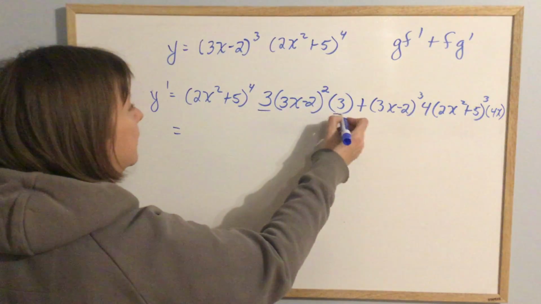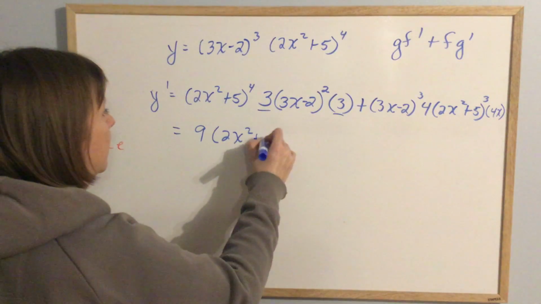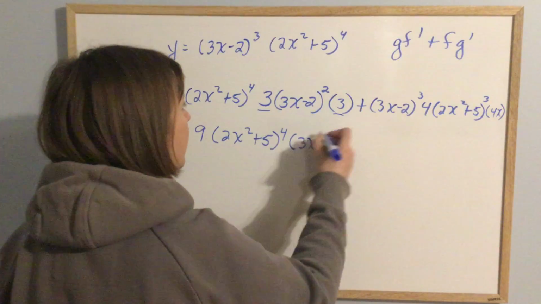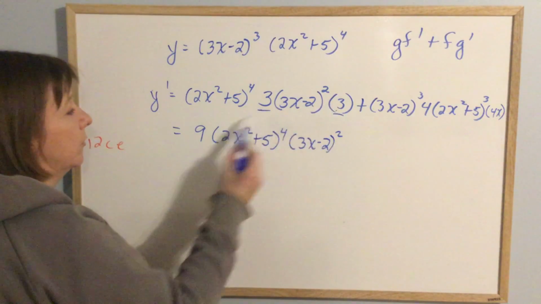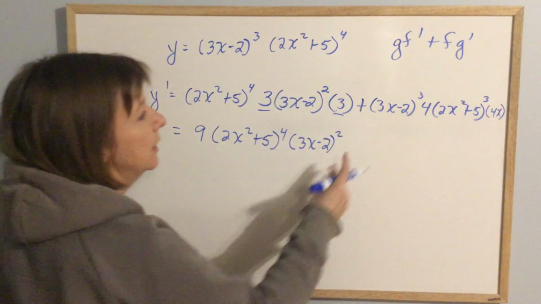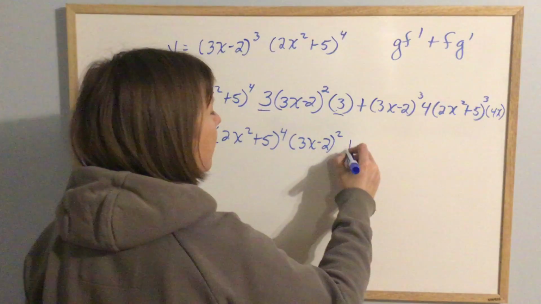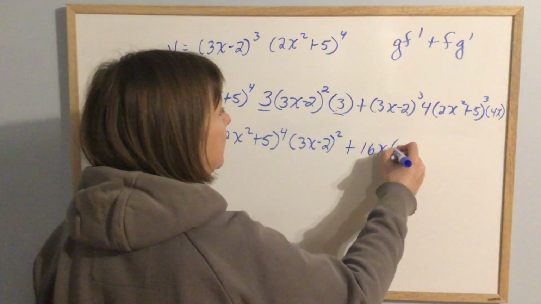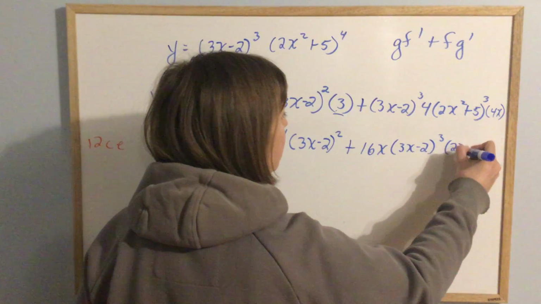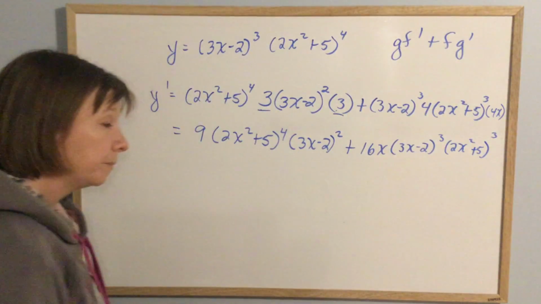I would do 3 times 3, that's 9, times 2x squared plus 5 to the fourth, times 3x minus 2 squared. So all I did there was multiply the 3 times 3 to give me 9 and write out the 2 brackets. Here, I would have 4 times 4x, which would be 16x, and then I'd have 3x minus 2 cubed, and 2x squared plus 5, also cubed.